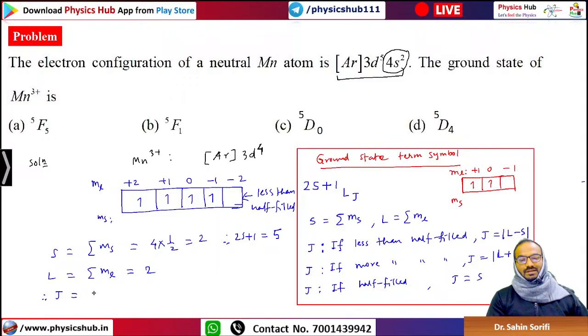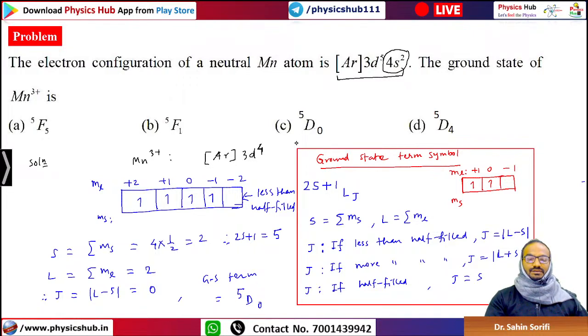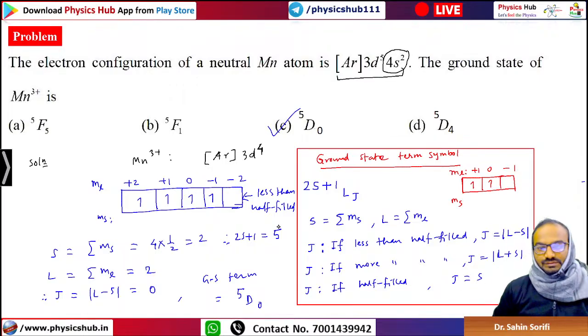J will be L minus S. 2 minus 2 is 0. So the ground state term becomes 5. L equals 2 means D, J equals 0, so 5D0. Did you understand this?